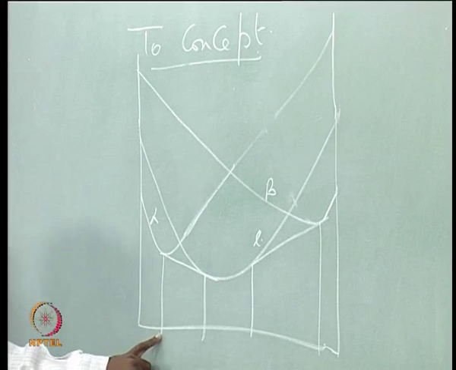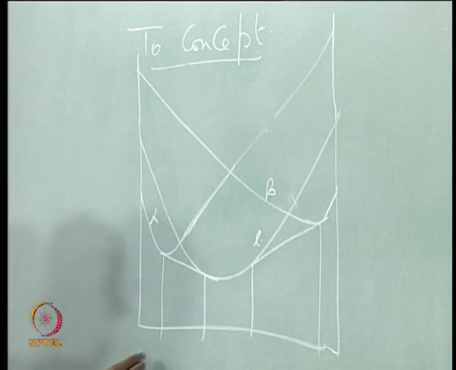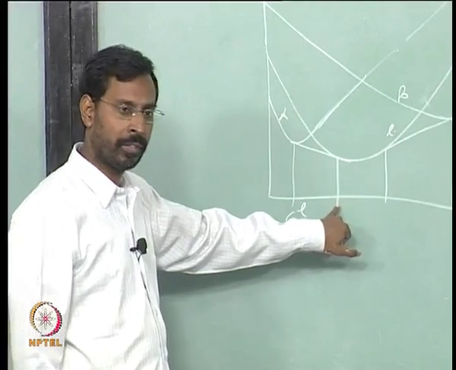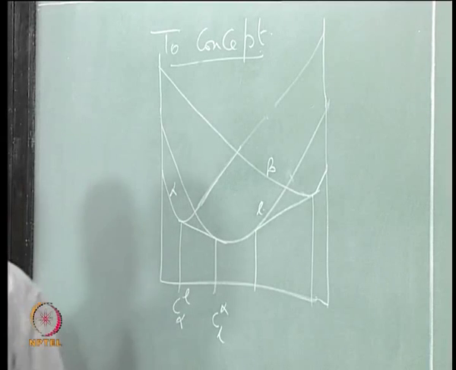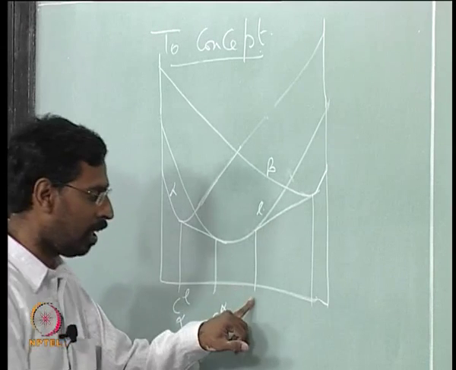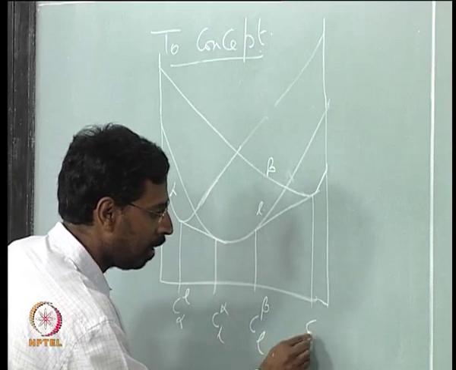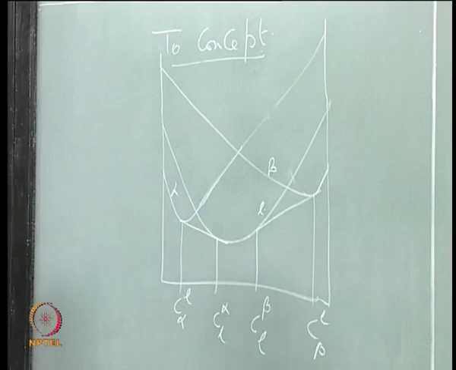What is this composition? Yes, this is C alpha L, perfect. What is this composition? C L alpha, composition of liquid in equilibrium with alpha. What is this? C L beta, and this is C beta L, perfect, you are all getting it right.